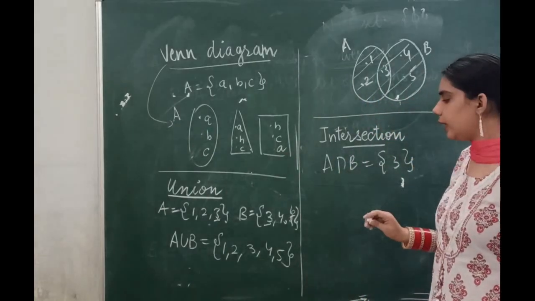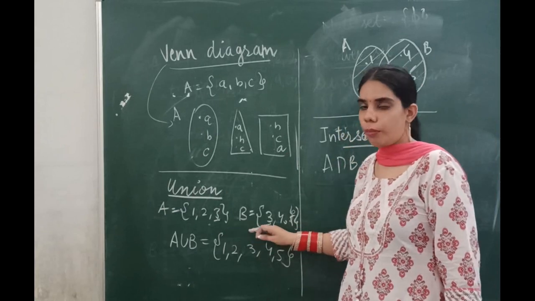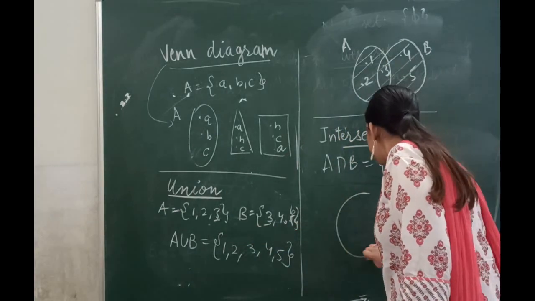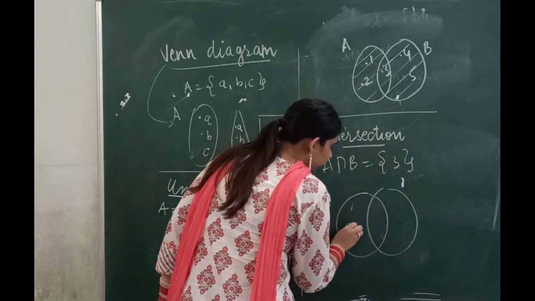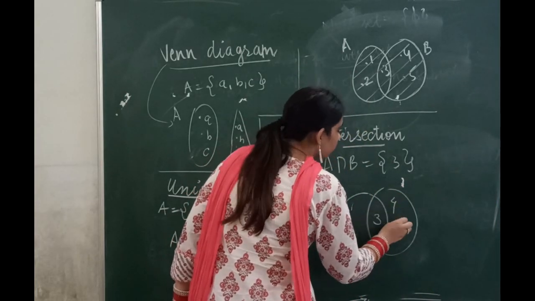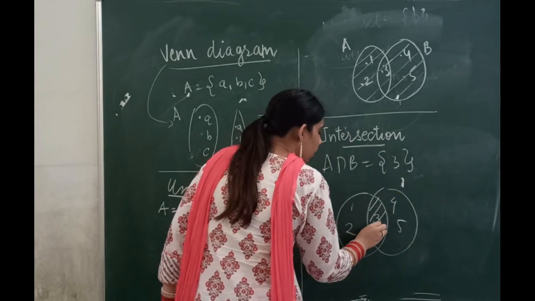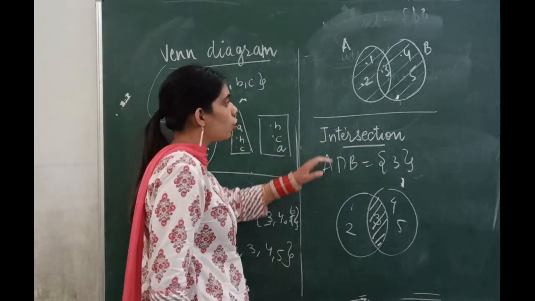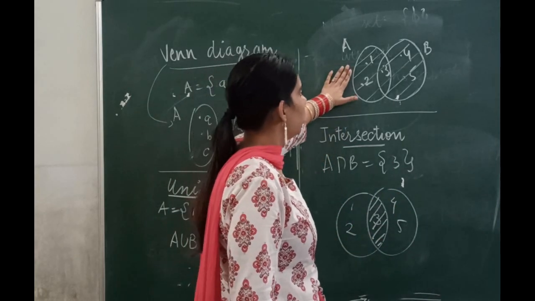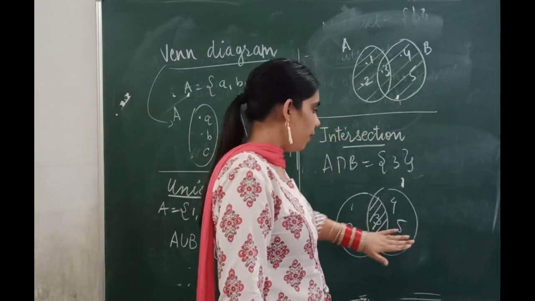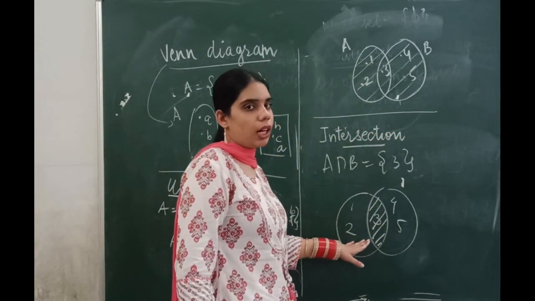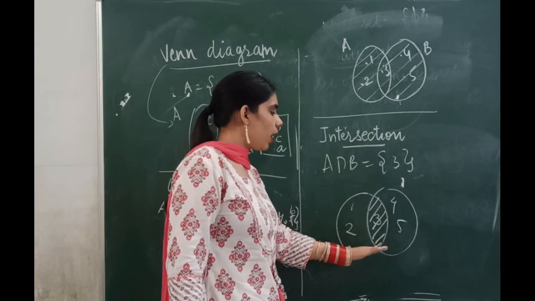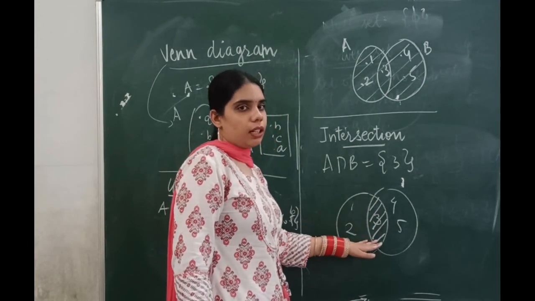It only contains the elements that are common, and if I represent it in a Venn diagram, it will look like this. So when we are talking about union, the whole part came, and when we were talking about intersection, only the intersection part came, only the common part.